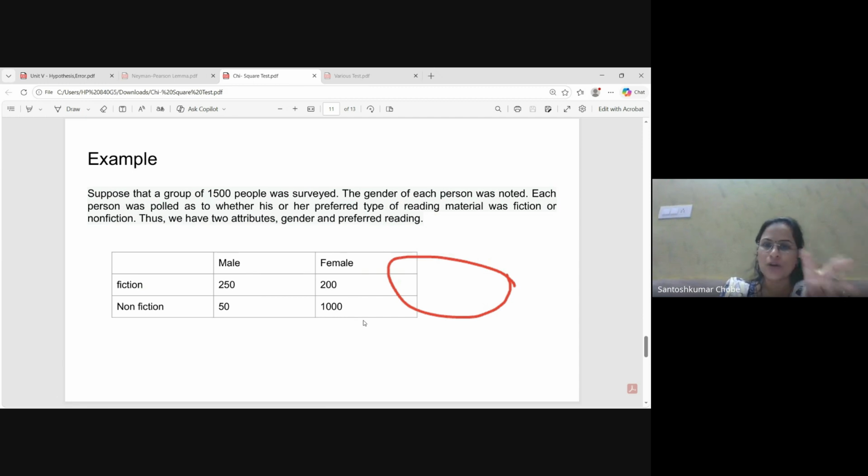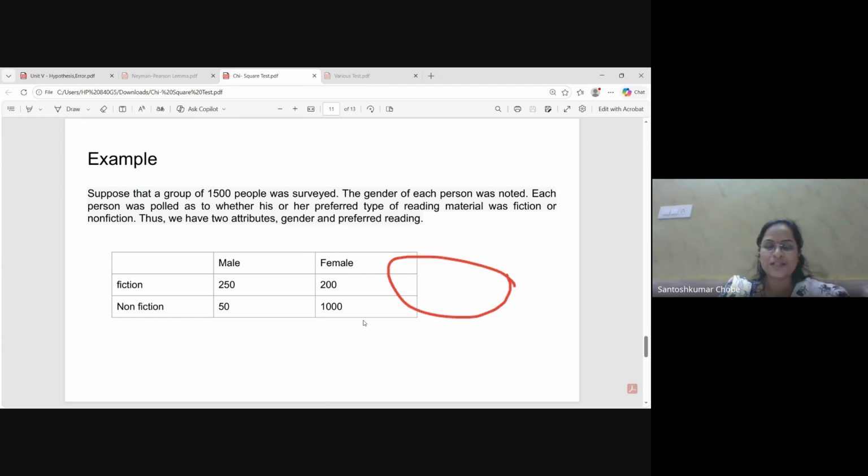And then we have another example, which we have seen in the class also. 1500 people were surveyed and the gender of each person is noted, that is male, female, and then the preferred reading of those people is also noted, whether they like fiction or non-fiction.